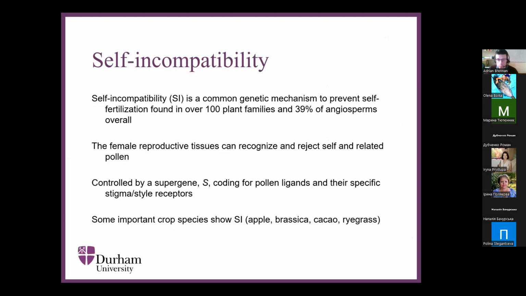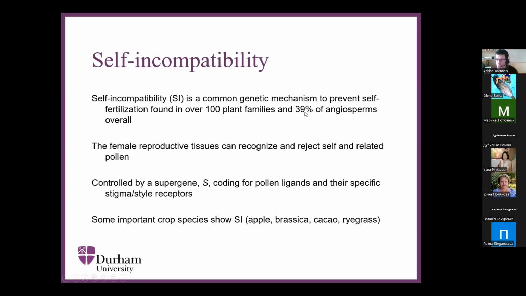Okay, so I'm going to develop one type of mating system in a little bit more detail, because I have more personal research experience of it. This mating system is called self-incompatibility. So what is self-incompatibility? Well, for a start, it's a very common outcrossing mechanism.